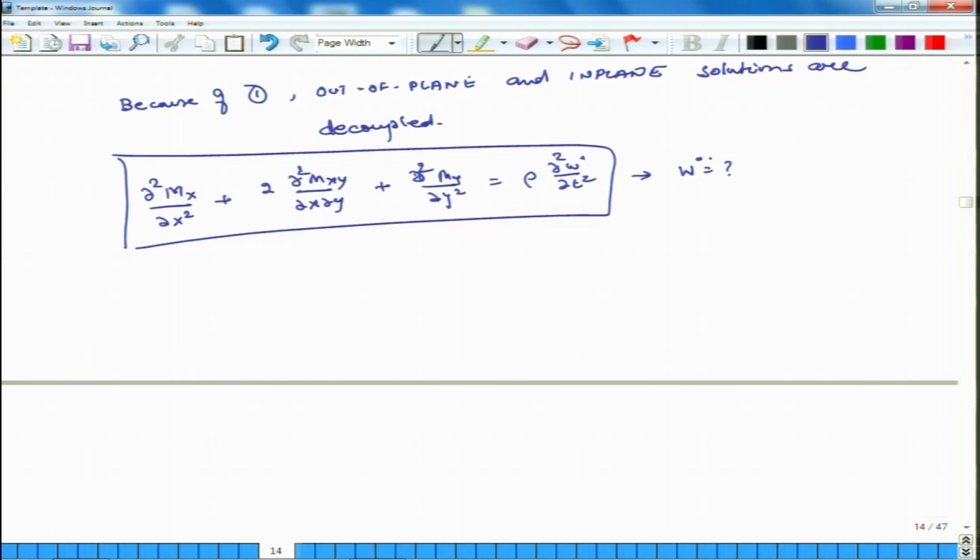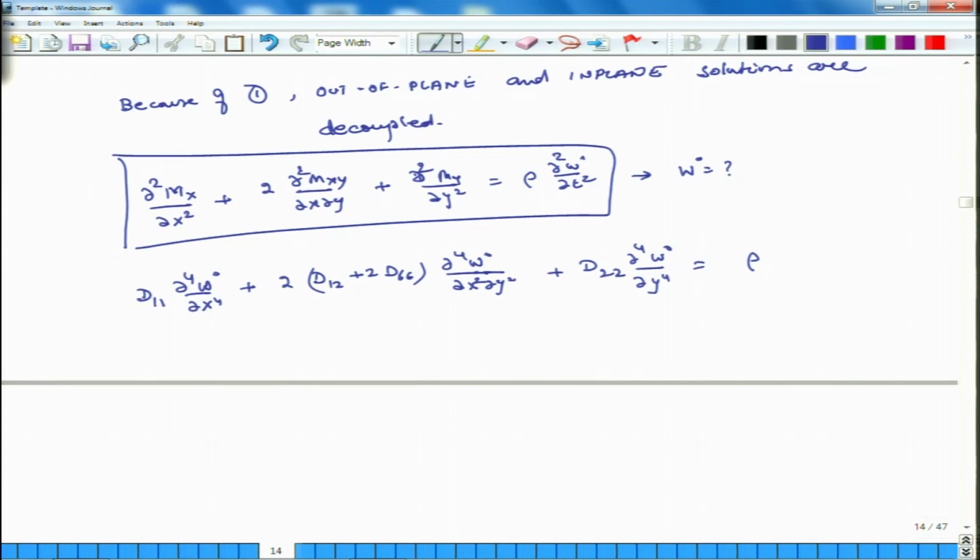We already know the expressions for Mx, Mxy and My, and because D16 and D26 are 0, we get D11 and so on. So, this is the updated equation.